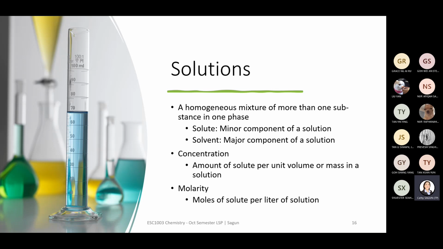There are so many types, but in class we normally use molarity, which is the moles of solute per liter of solution. There are a few more. Next time you will come across normality, molality, so many, but for now, let's focus on molarity.